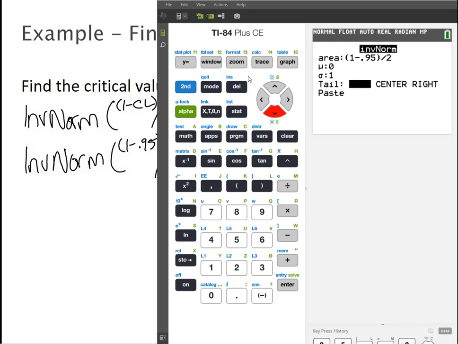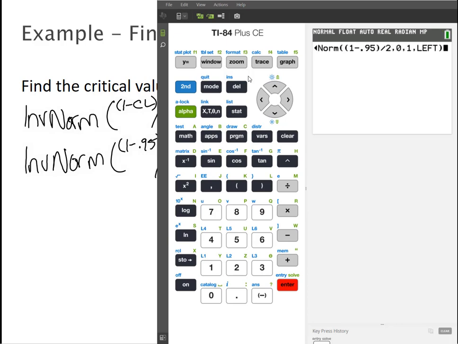Not all calculators will have the option to change the tail. Okay, I hit paste, enter, and I'm given negative 1.959, and my cheat sheet told me to round to 2 decimal places, so negative 1.96. And my cheat sheet also told me to use the positive, so change a negative to a positive.